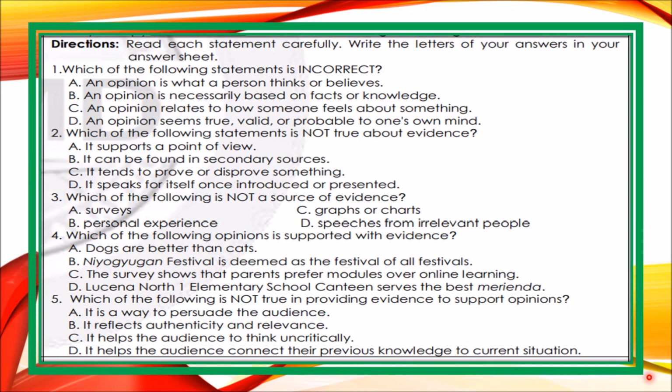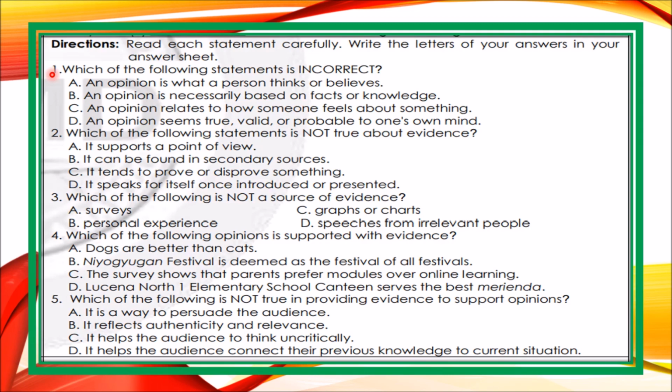So here, you have to read each statement carefully, then write the letters of your answers on your answer sheet. Number 1, which of the following statements is incorrect? A, an opinion is what a person thinks or believes.